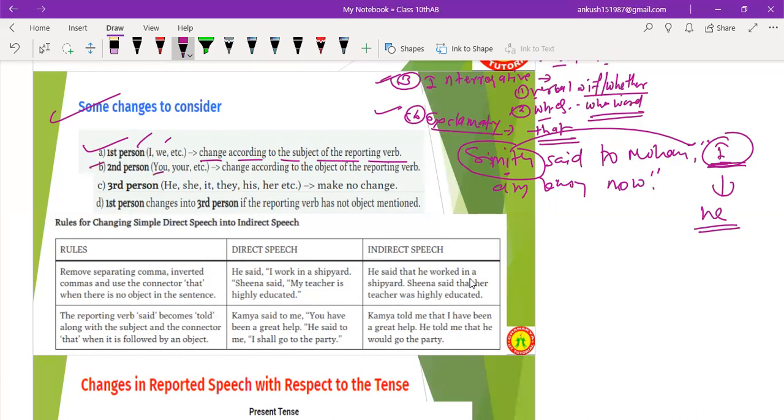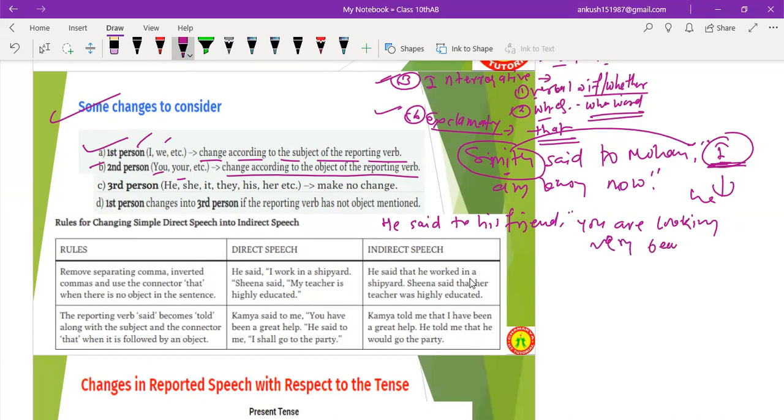Suppose second person, you, your, etc. So change according to the object of the reporting verb. For example, let us take this example: He said to his friend, you are looking very beautiful.